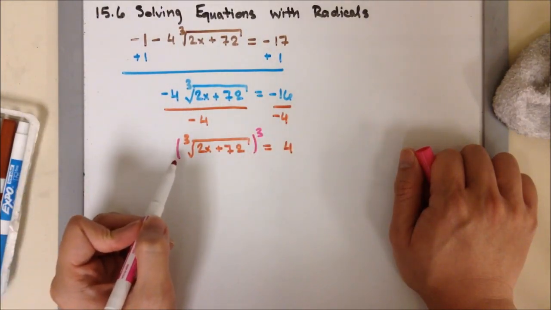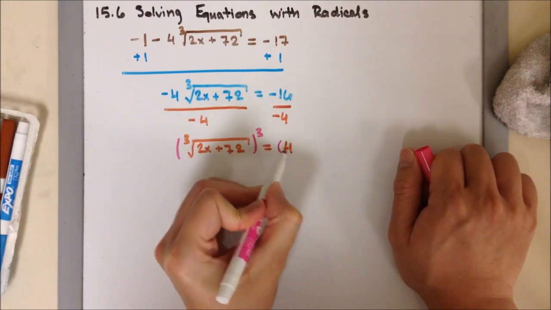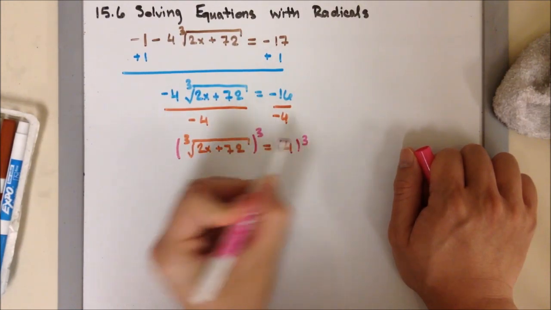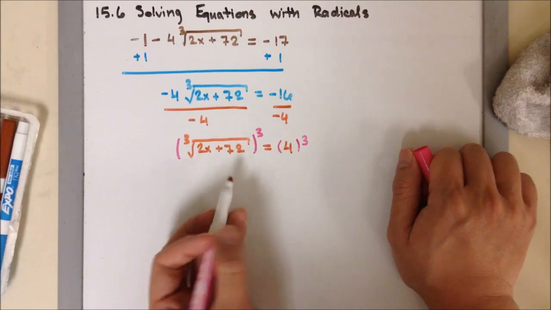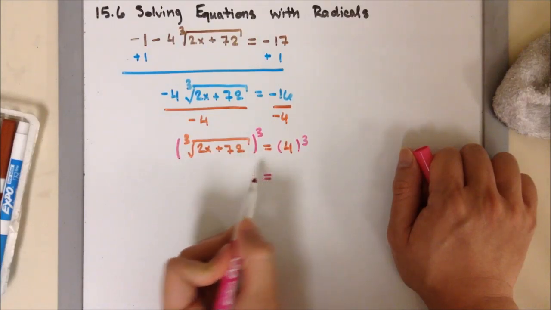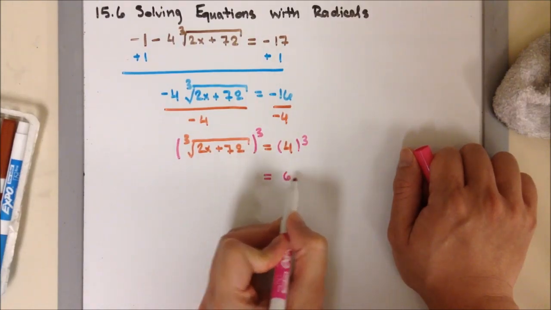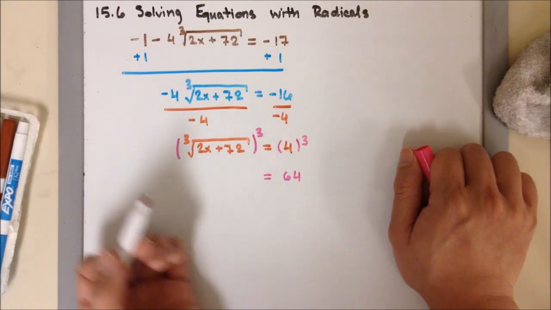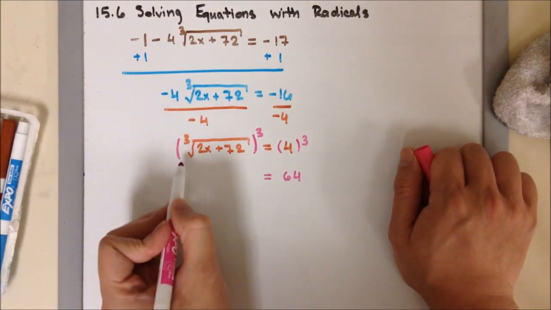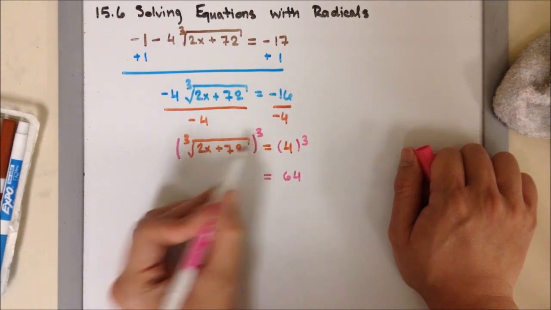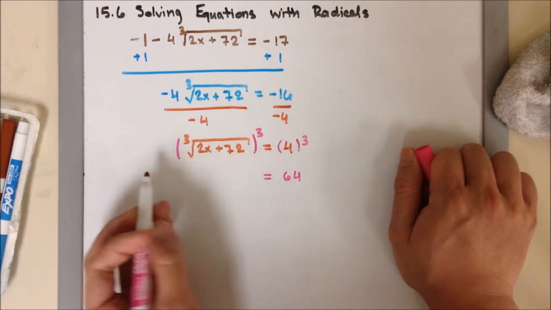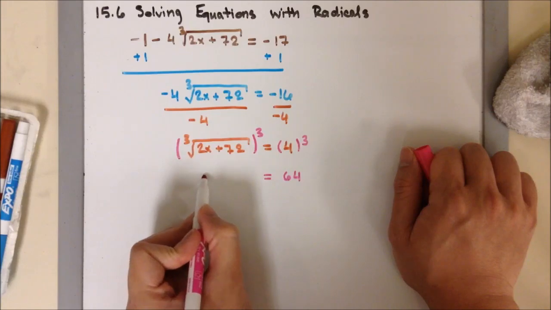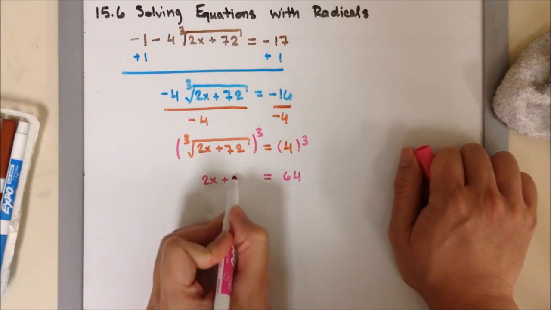Since I'm raising the left side by the third power, I'm going to raise the right side by the third power. So if I raise the right side by the third power, then it will be a different number, which will be 64. That's very different from 16. So now on the left side, since I raised the cube root by the third power, what I have inside is simply what I'm going to write on the left side, 2x plus 72.